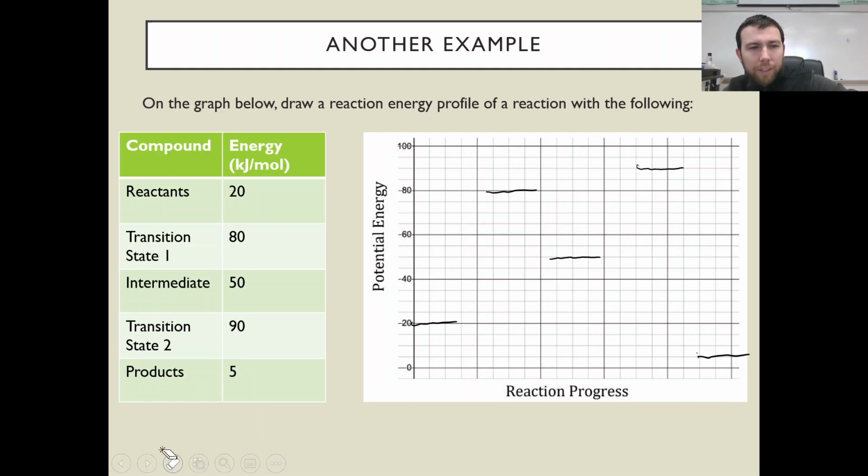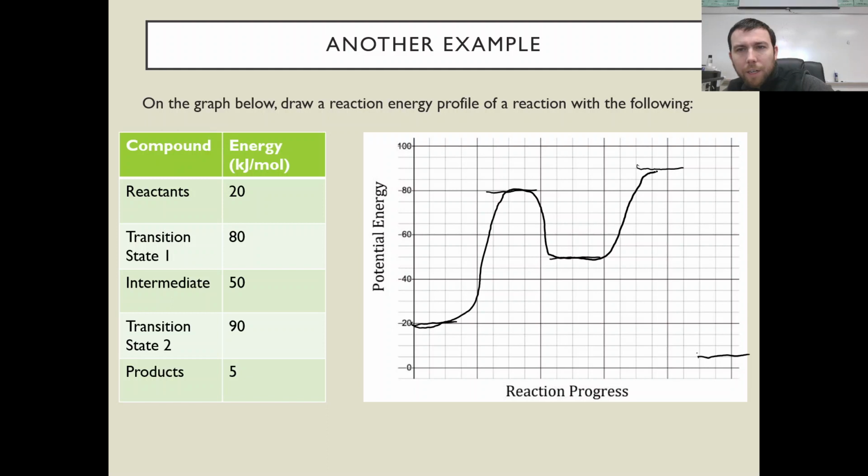Well, it didn't erase everything. It just erased my line. So I need to go up. My activated complex is here. My intermediate's here. Activated complex is here. And products are there. Right? So that's what your reaction energy profile should look like for this particular process.